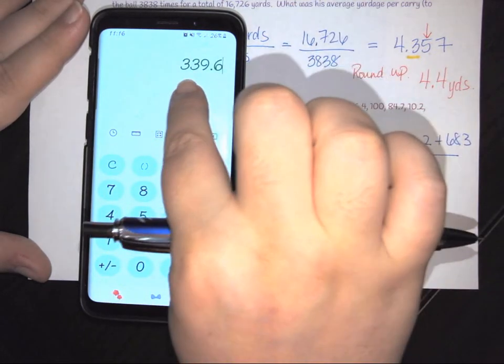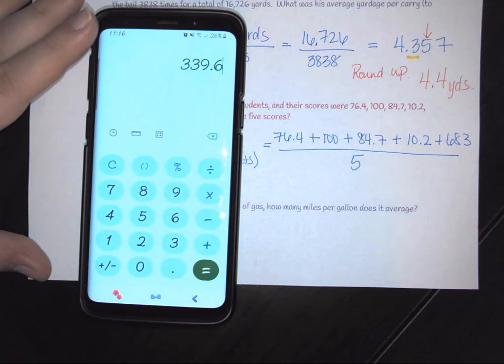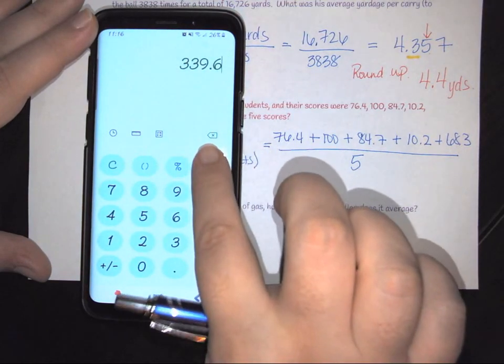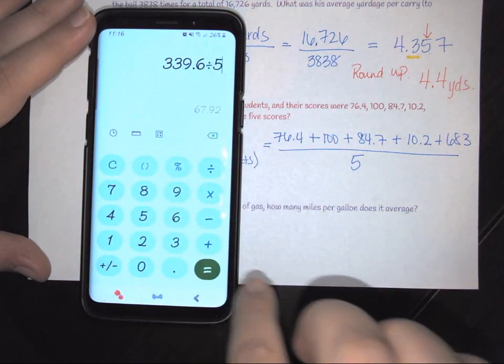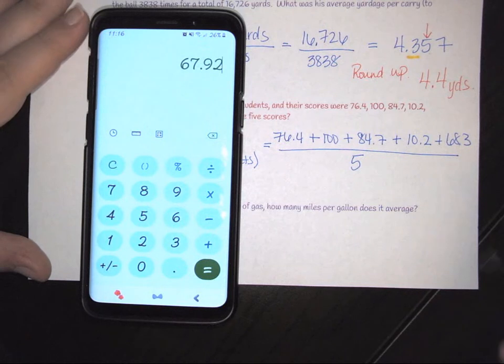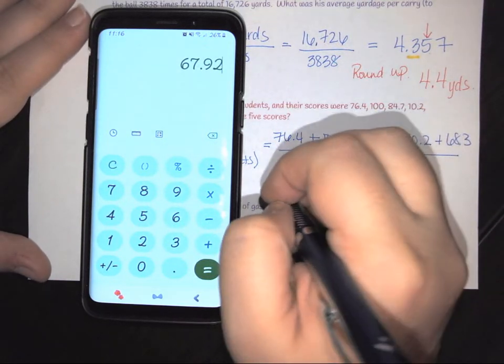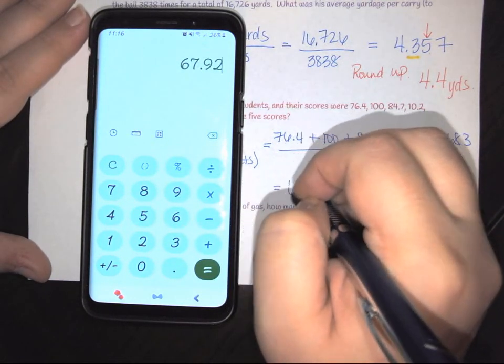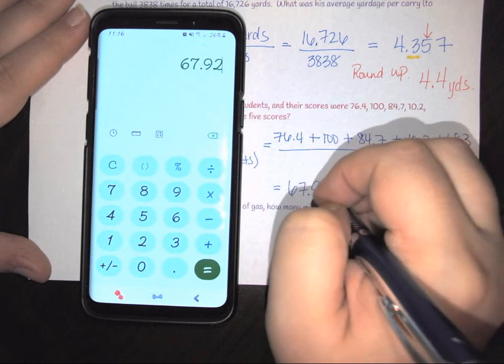I'm going to leave this number on my screen, and right away hit the division sign and divide by 5. And so there, my average score on the test was 67.92.